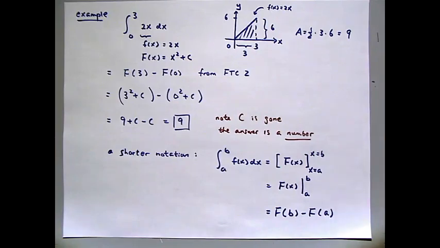In the textbook, it uses both of these. When you see them, just remember they represent the difference between the function evaluated at the right end and at the left end.